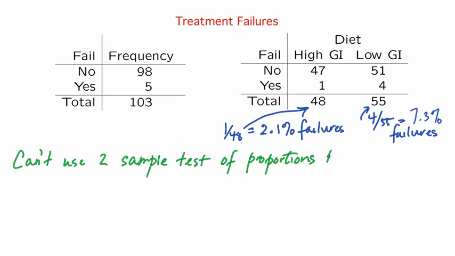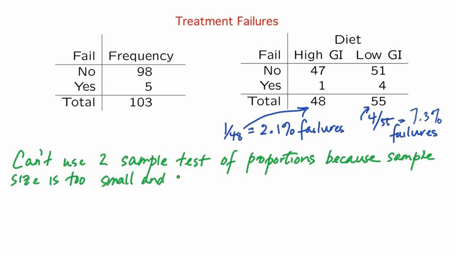And in a previous lecture, we saw that the central limit theorem needs very large sample sizes for estimating proportions when the actual proportion is close to the limits of 0 or 1. That's the case here. We only have 2 or 7% of failures in each group. So we need larger sample sizes than 48 or 55 in order to have proportions that are approximately normally distributed so that we can use the tests we learned.